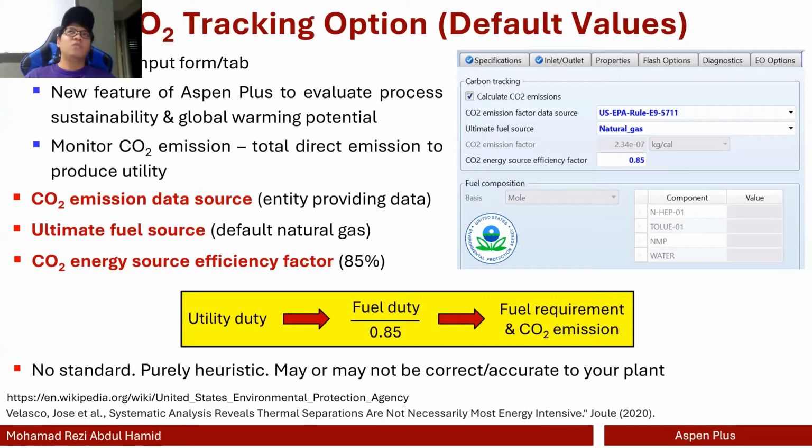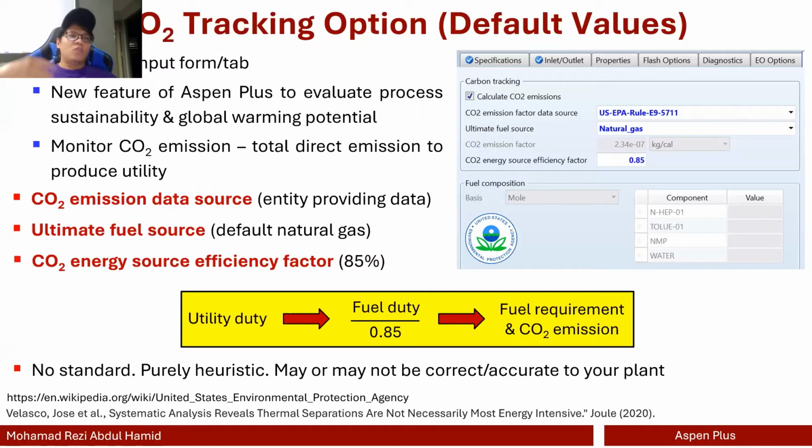So it's very good for you to find the carbon footprint as well as water footprint for your process. Especially all of the companies right now put quite a high emphasis on the sustainability part of their plant.